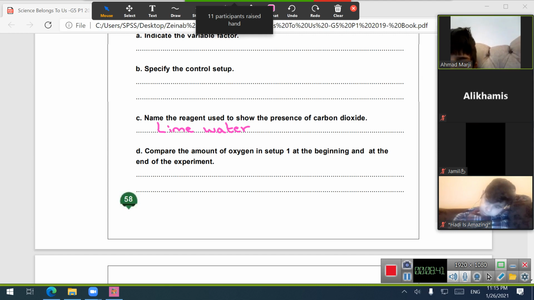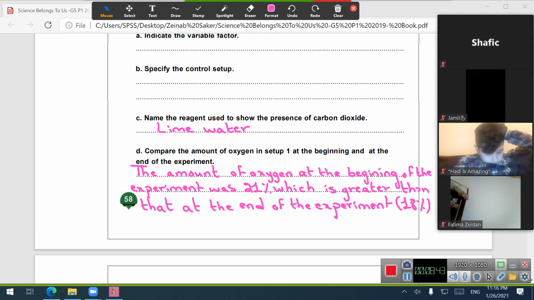So, let's write the answer now. The answer is as follows. The amount of oxygen at the beginning of the experiment was 21%, which is greater than that at the end of the experiment, which is 18%.